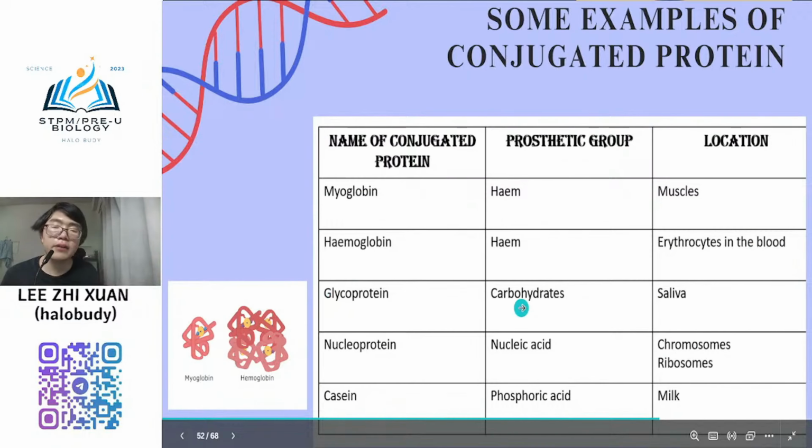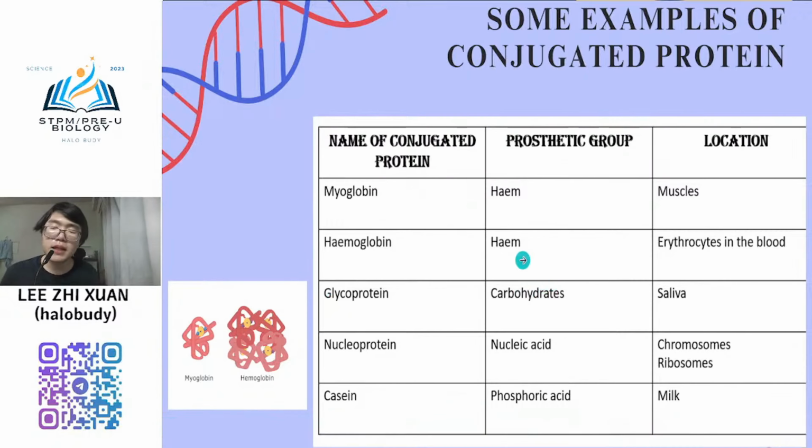Hemoglobin contains a heme group, meaning a metal ion, the ferrum ion, the iron atom in the hemoglobin. So the heme, your ferrum, is the prosthetic group. They contain not only amino acids, but also the ferrum. So hemoglobin is an example.